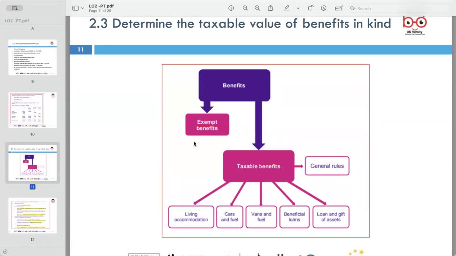Also remember that when it comes to beneficial loans and gifts of assets, the taxable value is determined based on the difference between the official rate of interest and any interest actually paid by the employee. So this ensures that any benefit derived from the loan or gifts is appropriately taxed.